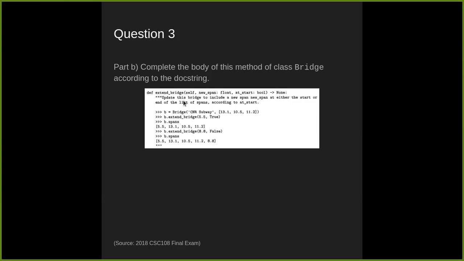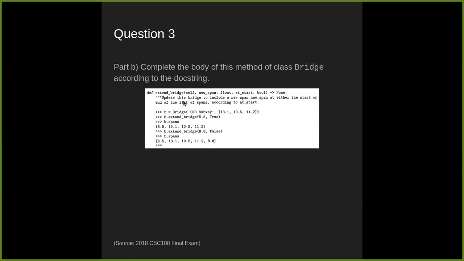In the docstring example, you create a new bridge b with the name CNR subway and the span list 13.1, 10.5, and 11.2. Then you use b.extend_bridge, and the arguments you would pass would be 5.5 and True.